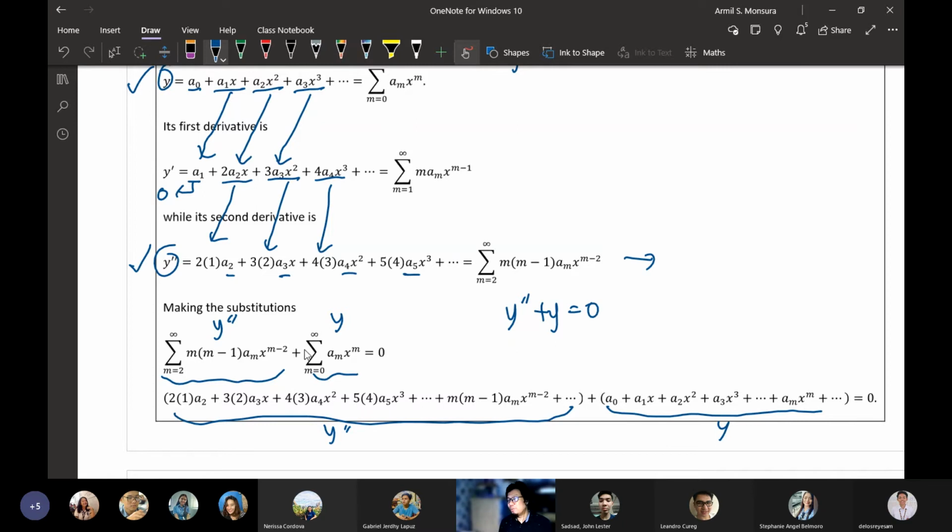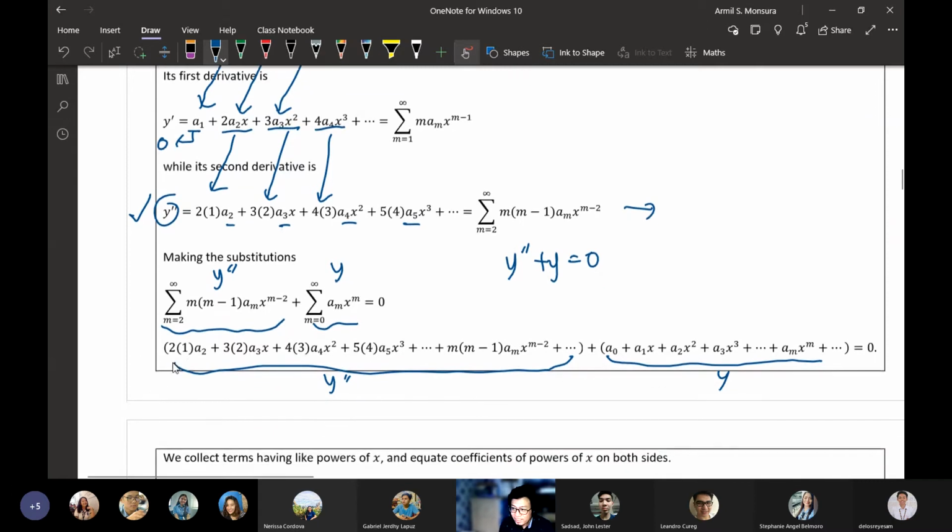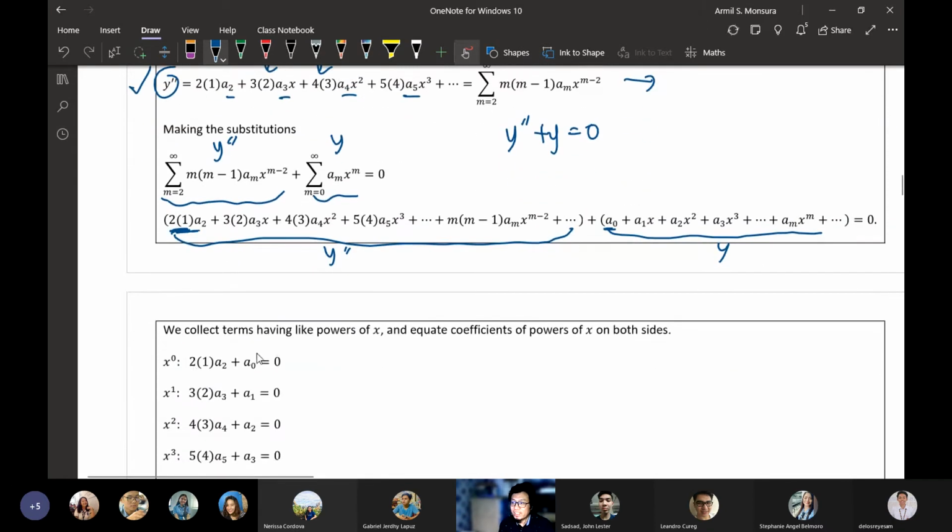Kasi ang gusto mong gawin dito is that you combine this into a single expression. So what you do is you combine those terms having like powers of x. So yung constant, tsaka yung constant nito pagsamahin natin. Ayan siya. Okay? That's 2 times 1 times a2 plus a0. And that would be for x raised to 0.